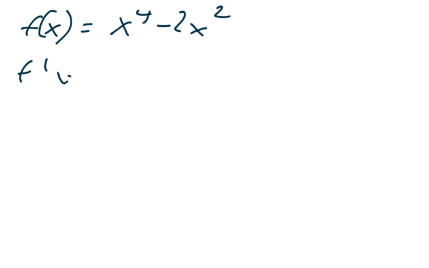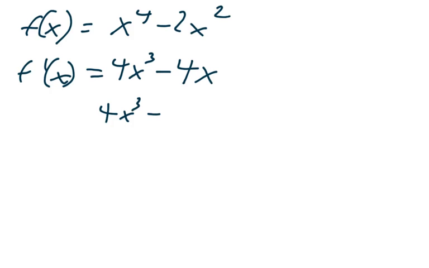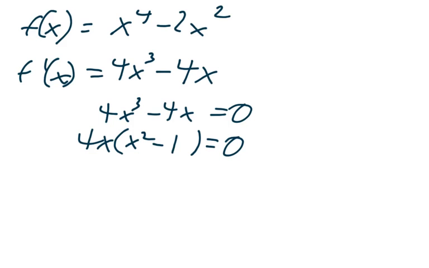So when I take the derivative here, in order to find out where this is increasing and decreasing, I get 4x to the third minus 4x. And I need to set this equal to 0. So I factor out what they have in common, which is a 4x.